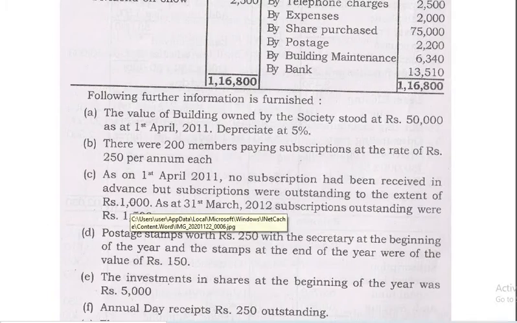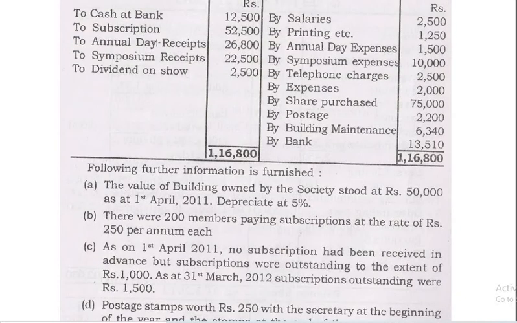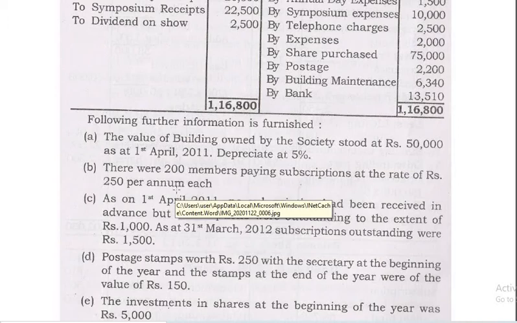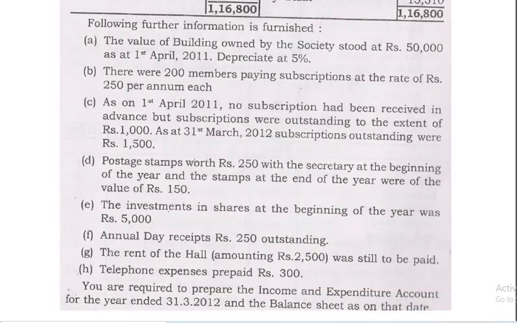So this should be deducted in the income and expenditure account, and it won't come in the balance sheet. Whereas this one will be added to the current year subscription of 52,500. Then it will be shown as an asset on the closing balance sheet. Once again, we'll take it up a little later.